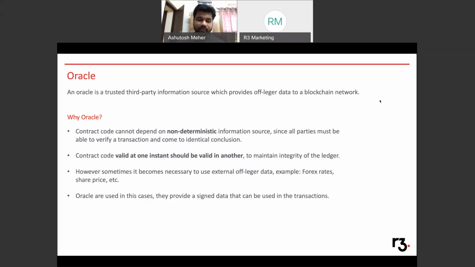But for that matter, there are always times when it's not possible that all the data that you want to transact in a transaction is available within the network. There are sometimes things like random data, a forex rate, or a share price, which you can't really store because that is external data. It changes very fast, right?